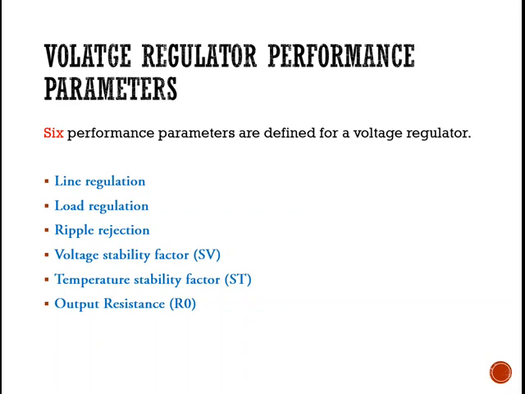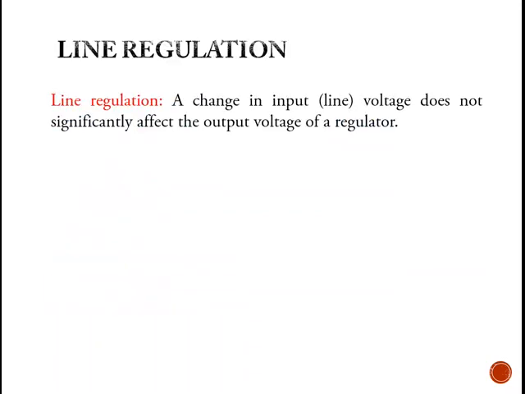So line regulation. What does line regulation mean? Your output voltage, that is the regulator voltage which we consider DC, should be held constant whatever changes happen in the line voltage.